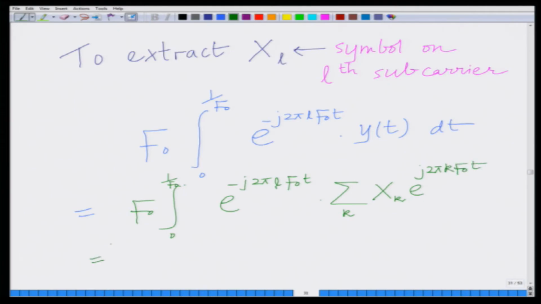Now, therefore, if I take the summation outside, I am going to have summation over k x k times f naught integral 0 to 1 over f naught e to the power of j 2 pi k minus L f naught t dt.